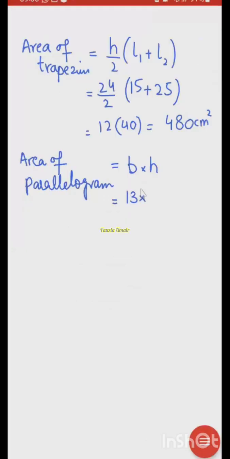What is 13 into 16? 6 threes are 18, 3 ones are 3 and 4, so it's 208. 200 and 8. That's right.